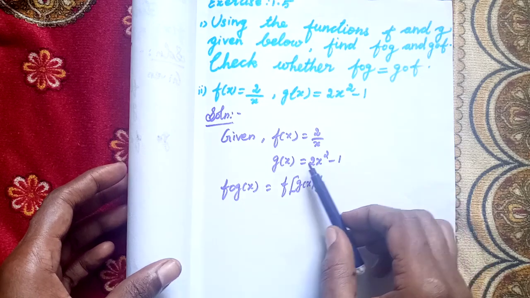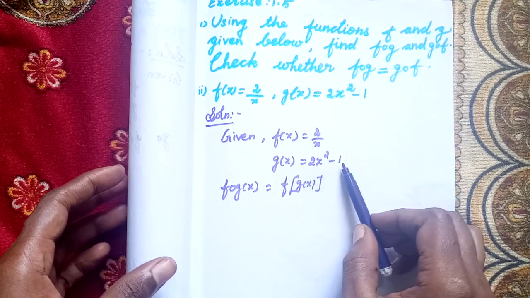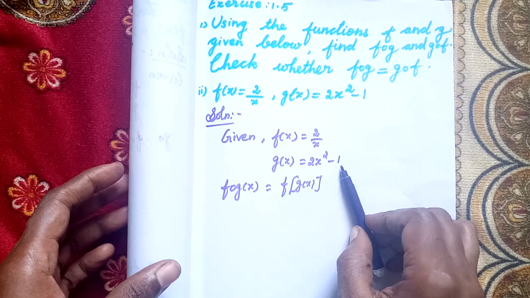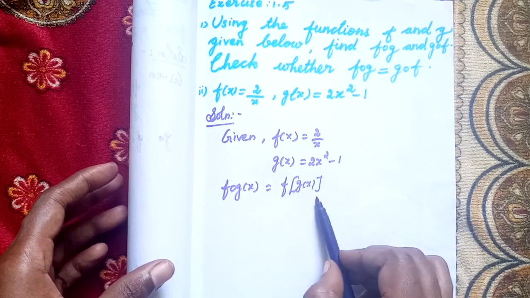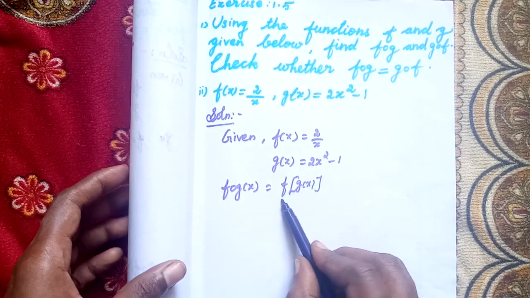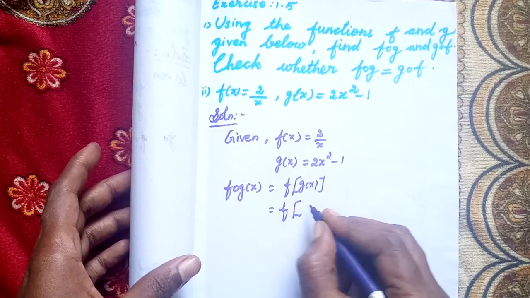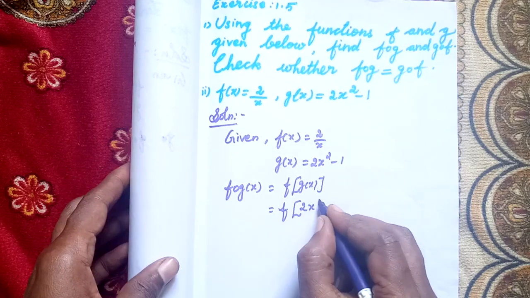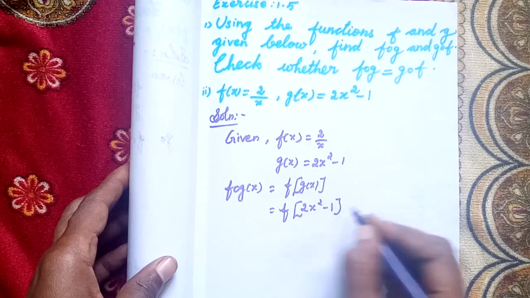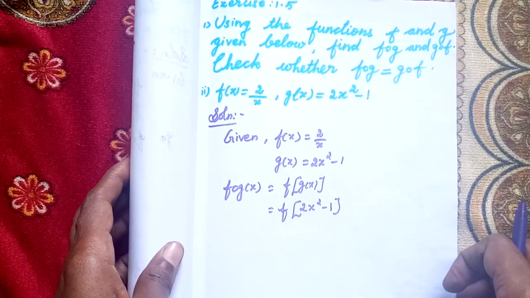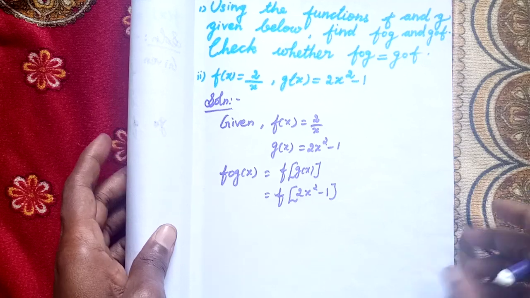Here, in place of g of x we have to replace 2x square minus 1. The g of x value we have to replace. So f of g of x is what? 2x square minus 1. Okay, g of x is 2x square minus 1.